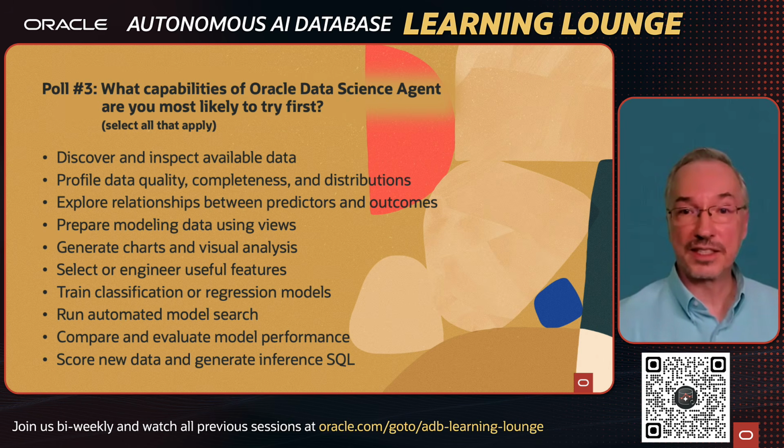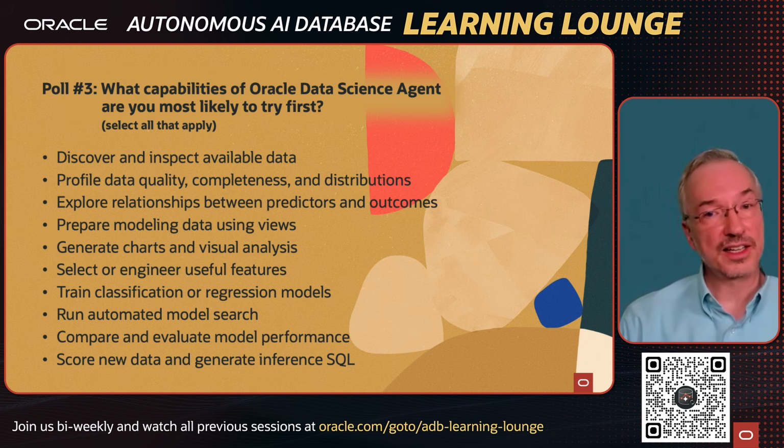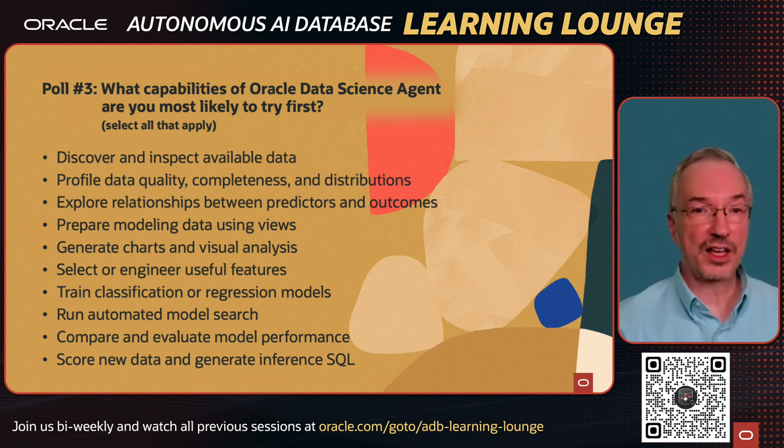And perhaps you want assistance preparing data for modeling, or generate charts and visual analysis. Then there's feature selection or engineering, training classification or regression models, performing automated model search, evaluating model performance, or scoring new data and generating SQL queries for inferencing. And if there are capabilities that you don't see on this list, feel free to share them in the chat or the Q&A, because we'd love to hear other use cases that you have in mind for this.